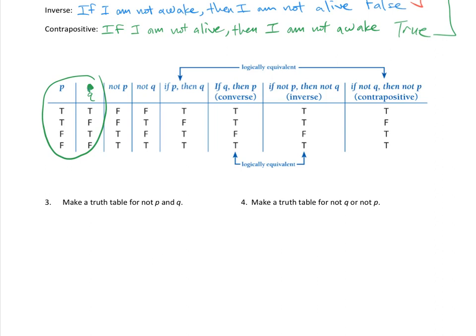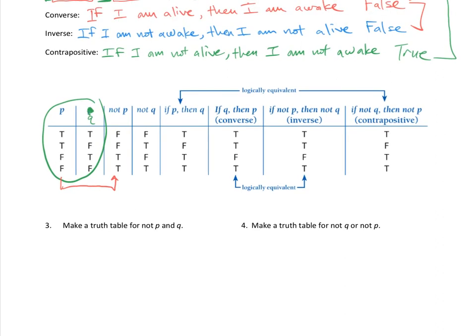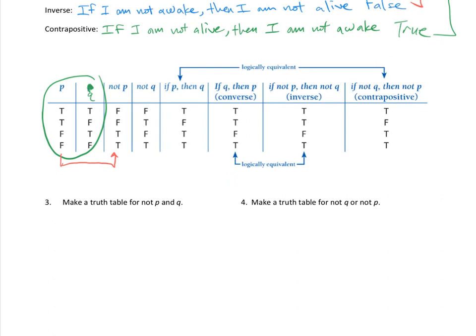So we have that, and you can see that this column and this column are exactly the opposite of each other because it says not P. Remember, not just means the negation, so all of the truth values are exactly the opposite. And you can also see that these two columns are exactly the opposite because they are negations of each other.